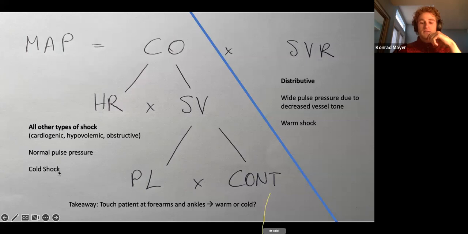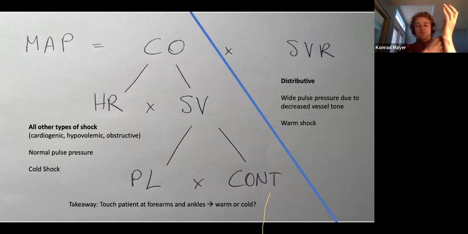If systemic vascular resistance is high, the peripheral vasculature is very tight, which means the hands, the wrists, the lower arms, they are all going to be cold because we are centralizing our volume. For example, if we are hypovolemic, we have too little blood volume, and we want to keep it where our important organs are, our hearts, our lungs, kidneys.